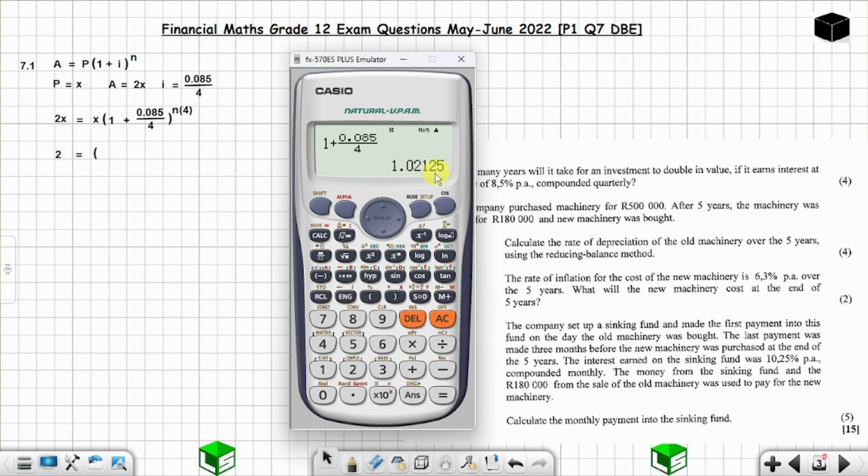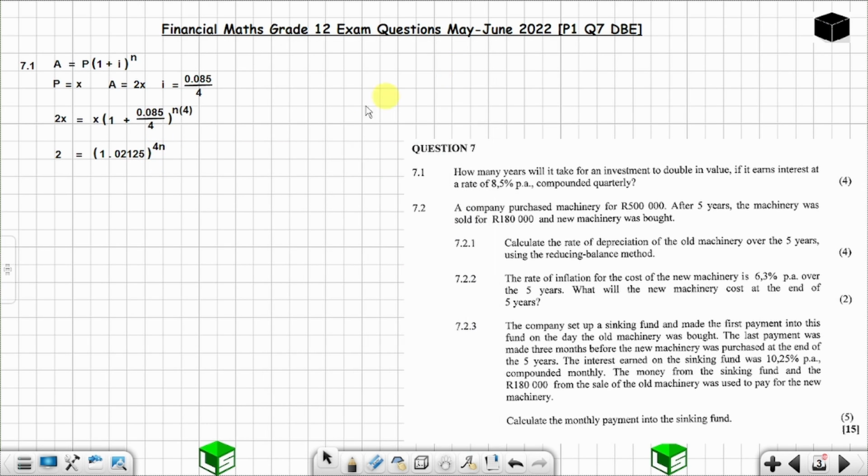Make sure you avoid rounding off for now, because if you round off, it's going to affect your answer. In the bracket you have 1.02125. You close your bracket to the power of 4n. Now you need to solve for n.